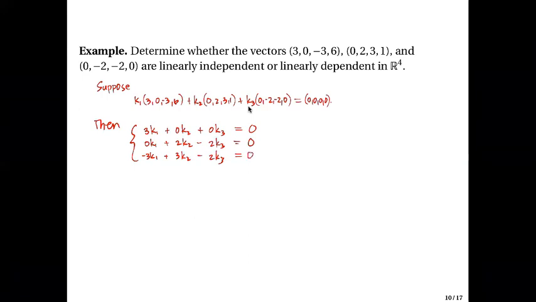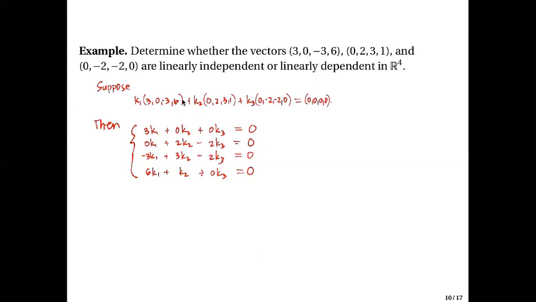And then for the fourth component, K1 times 6, you will get 6K1 plus 1 times K2, so plus K2, and then 0 times K3, plus 0K3. This is equal to 0.